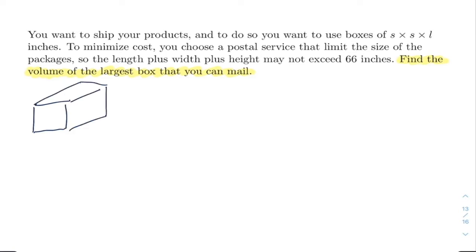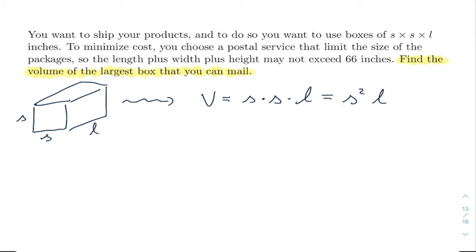So our box looks like this, and we know that it is S by S by L. Okay? So the volume of this box will be S times S times L, which is the same as saying S squared L.